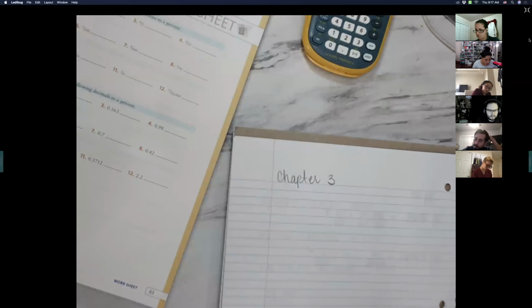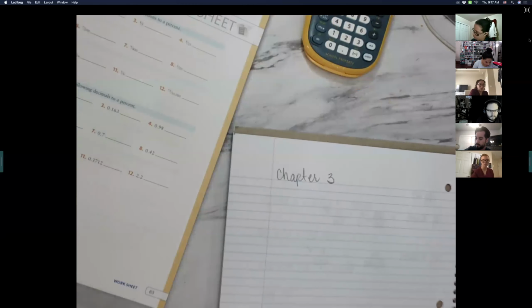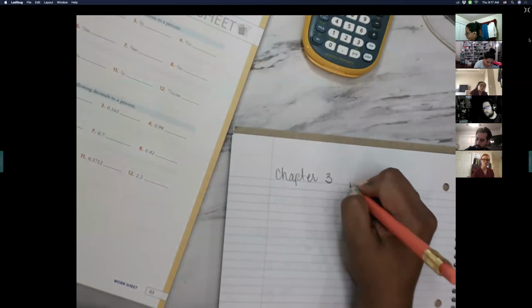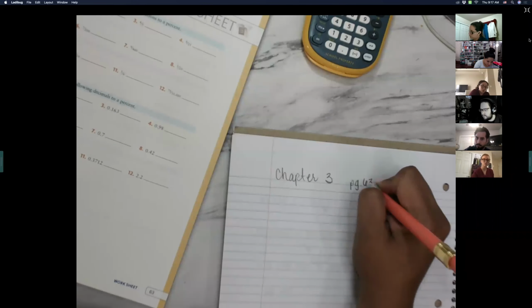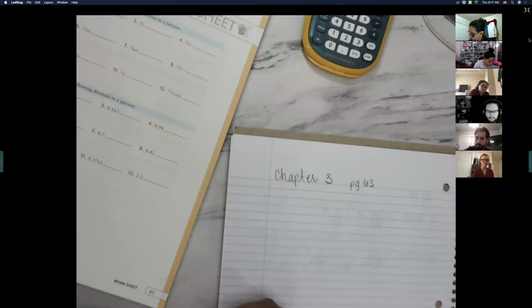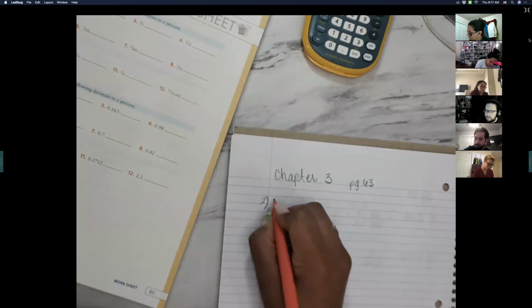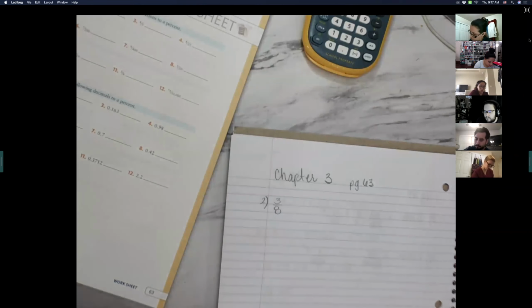We are on page 63, worksheet page 63. Okay, and we're going to go with number 2. Number 2 is asking us to take our fraction 3/8 and change this into a percent.